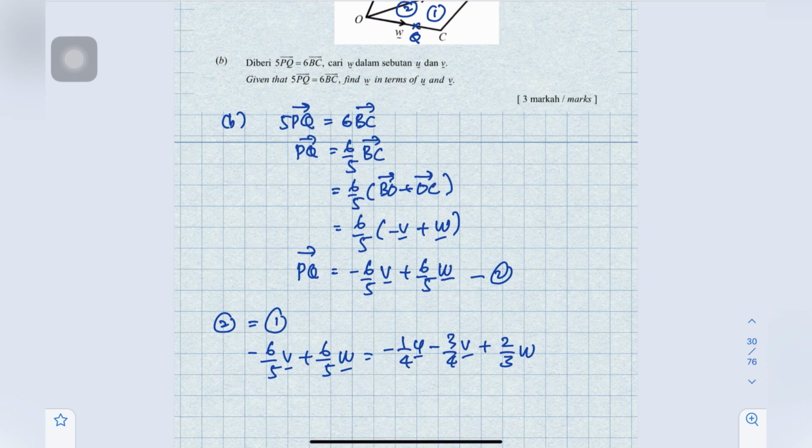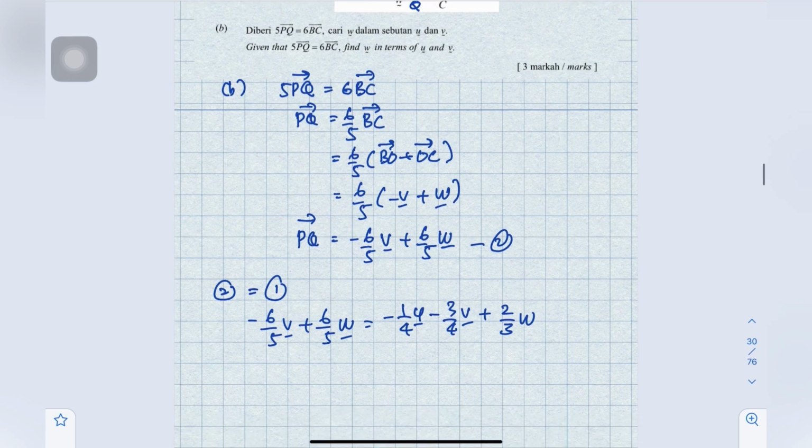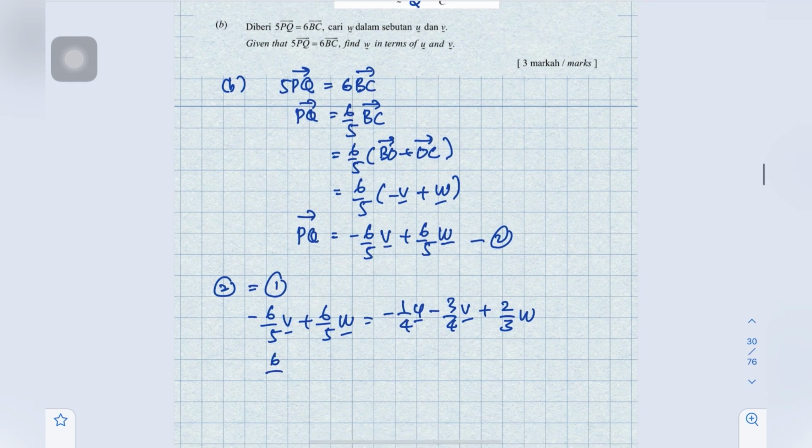Okay, so then this will express W in terms of U and V. So kita kena groupkan vector W. Okay, so 6/5W minus 2/3W equals to negative 1/4U minus 3/4V plus 6/5V.